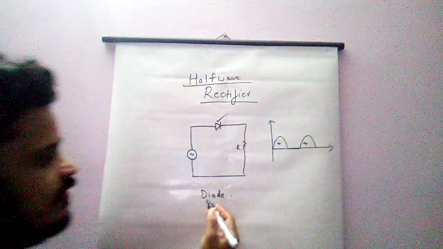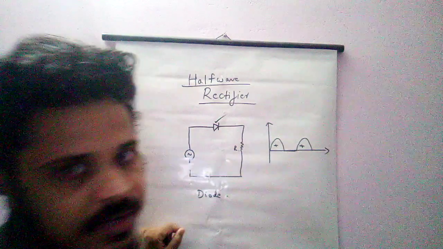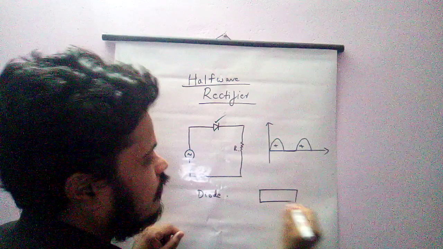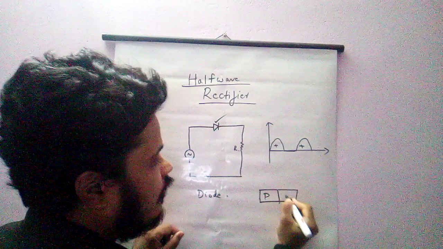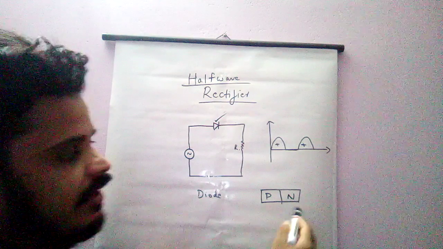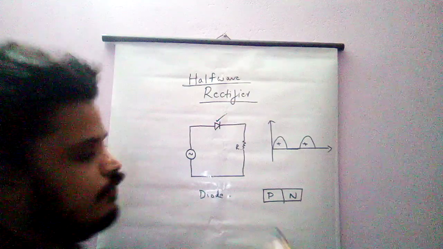It is made up of a semiconductor, consisting of a p-type semiconductor and an n-type semiconductor, which are clubbed together to form a diode.